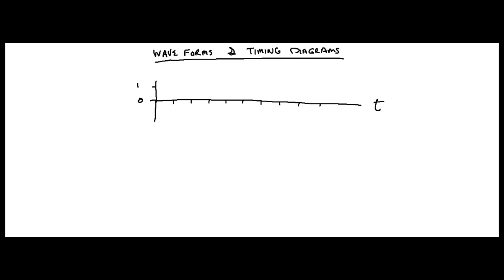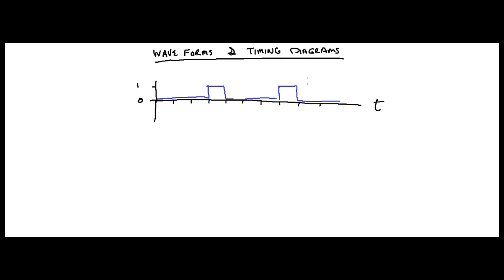Now, let me change colors here to blue. Suppose you have a pulse like this. It comes along here, it's 0, 0, and then it jumps up to 1, comes back down. And then it's 1, 2, 3, does another 3, 0, and it just repeats this. All right? Now, this is an example of a periodic digital waveform.